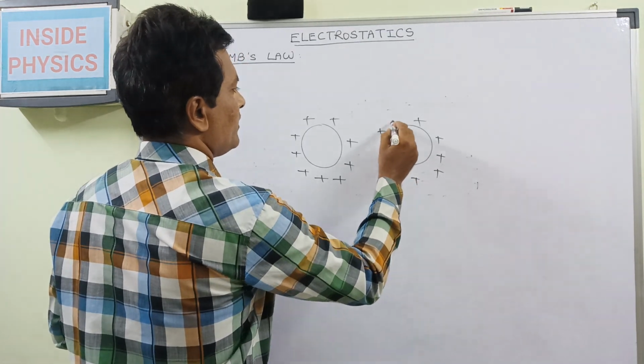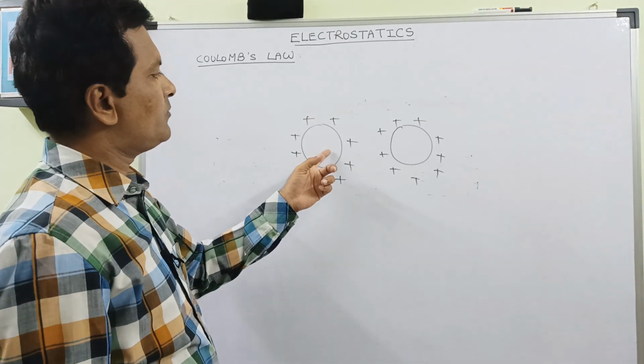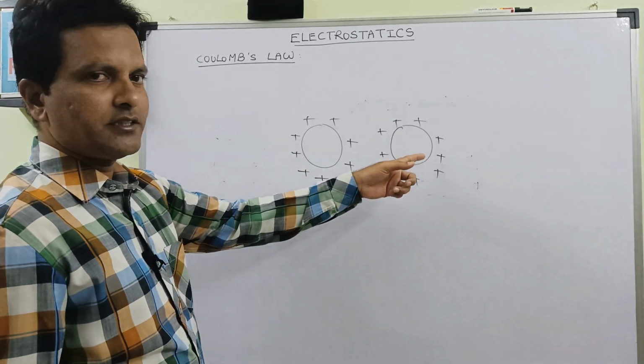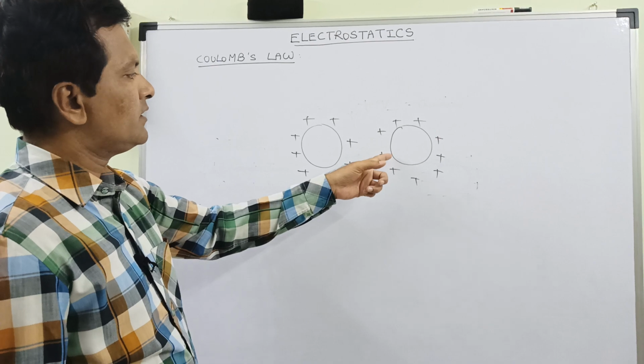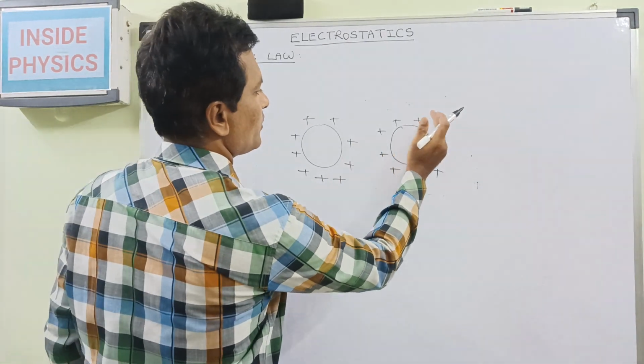When they come closer to each other, this positively charged body will attract the electrons in the second body to this side, and the protons will move to the other side.